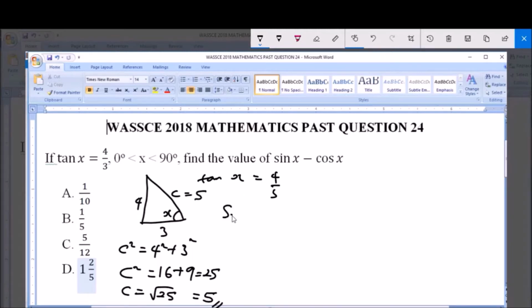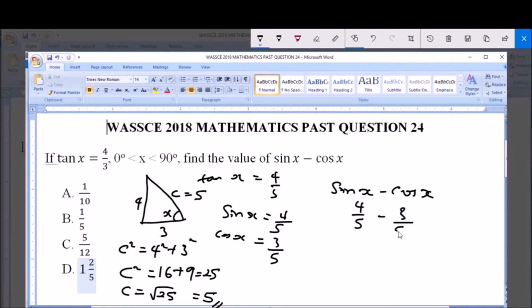Now from this we can say sine x is equal to 4 over 5 and cos x is equal to 3 over 5. Now back to the question. The question says sine x minus cos x. Now that is 4 over 5 minus 3 over 5.